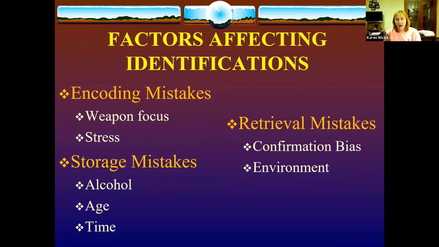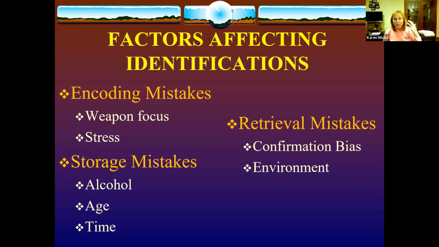So number 1, when there's weapons involved or it's a highly stressful situation, we know that there are going to be encoding mistakes, just like the whodunit video. There's so much going on. We're so stressed. If there's a weapon, all we're thinking about is that weapon, and we're going to miss a lot of other things. So there can be errors in the encoding process.